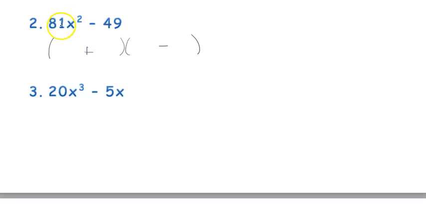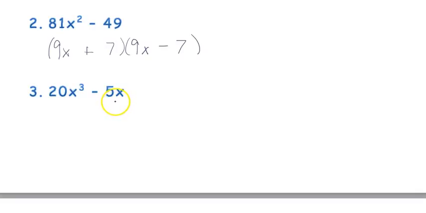And then you take your square roots. So the square root of 81 is 9, or 9 times 9 is 81. The x is with that, so you break it apart. You had 2, put 1 with each 9. And then your 49 is 7 times 7, so 7 here and 7 here. And you're done with that one.